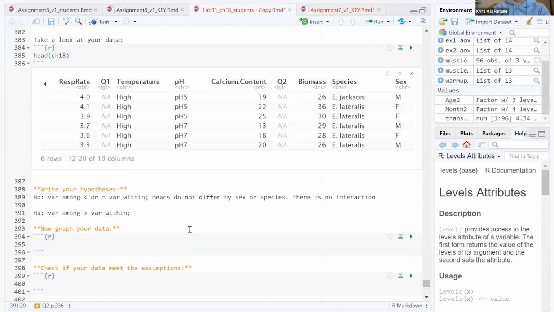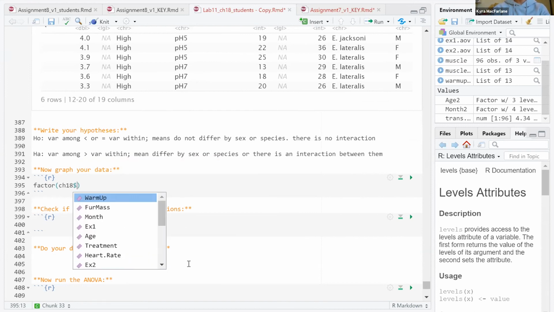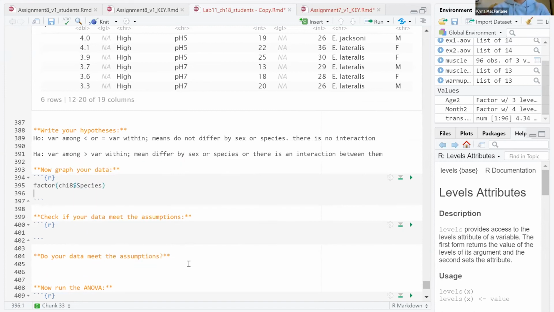Our alternative is that means differ by sex or species, or there is an interaction between them. So graphing the data. Let's do the factor again to see which one should be on X, which one should be colored. So chapter 18, looking at species, factor, chapter 18, and sex.